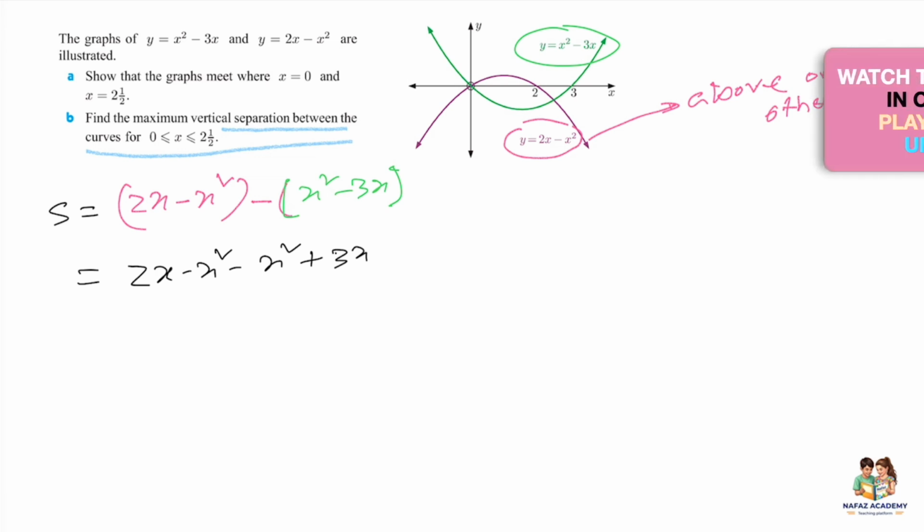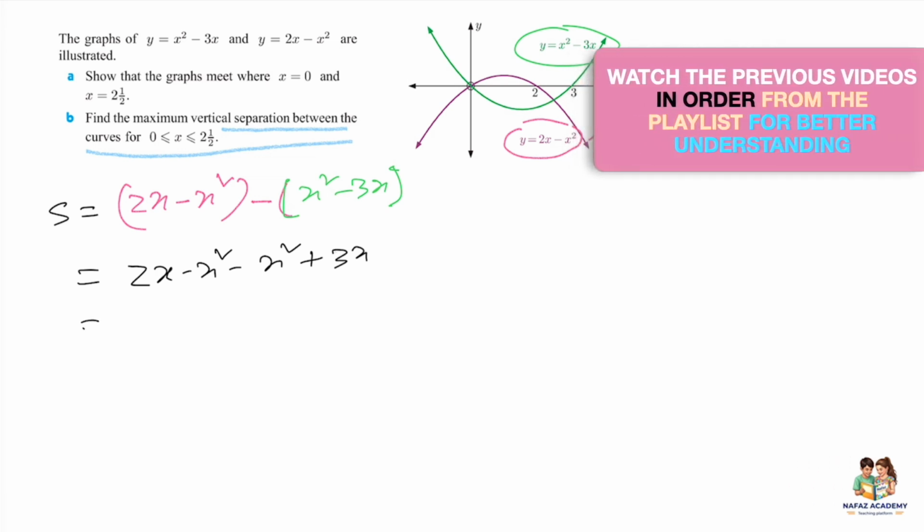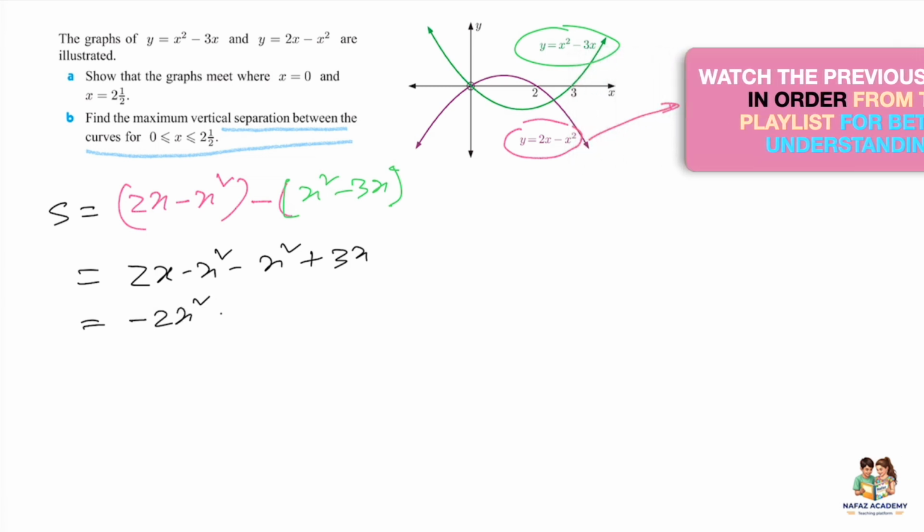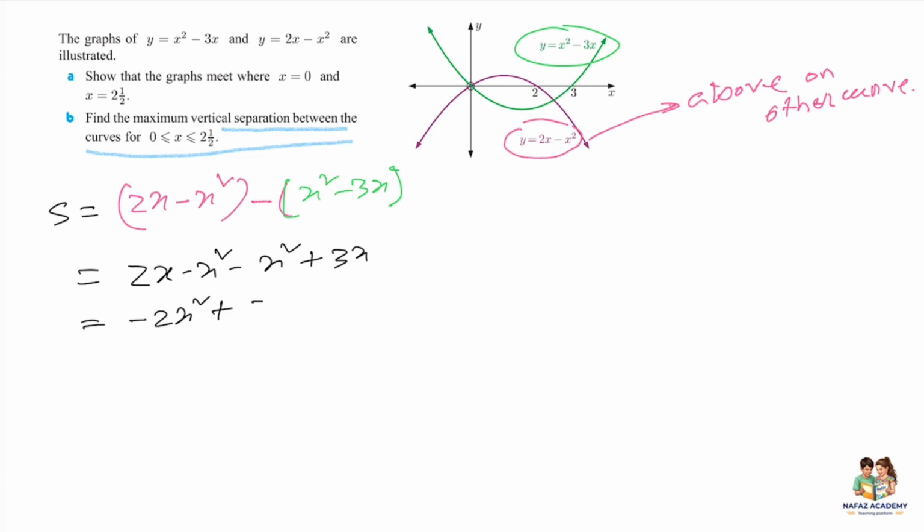So it is minus 2x squared plus 5x. It is the answer, but we have to find out the value of x, right? We need the numerical value.